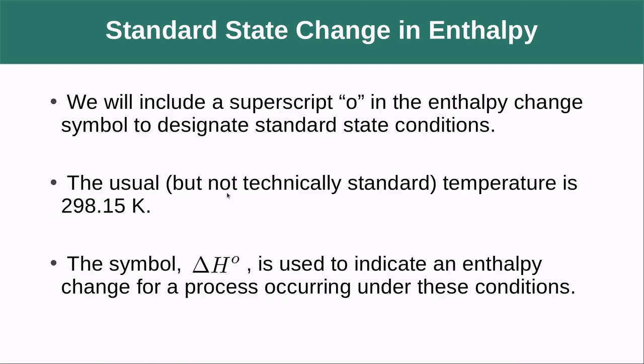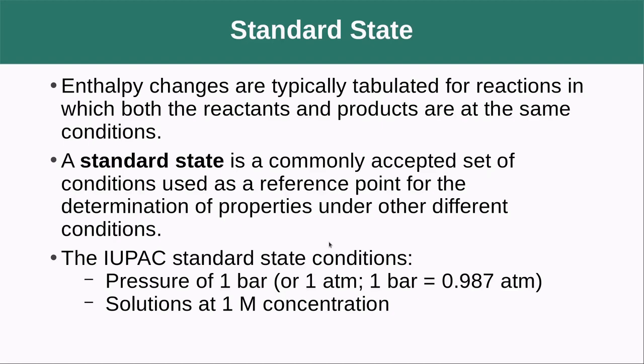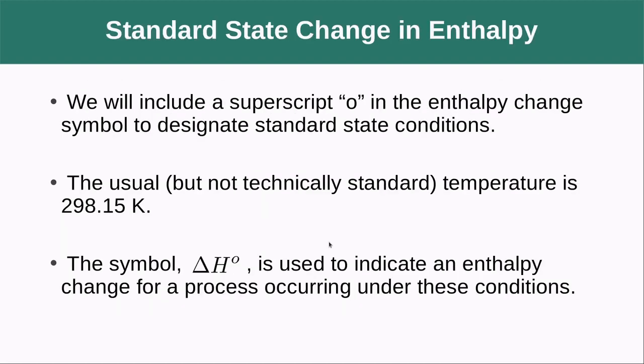The usual temperature that we're going to be talking about is going to be 298.15 Kelvin, or 25 degrees Celsius. And so we have 1 bar, 1 molar solutions, 298.15 Kelvin.